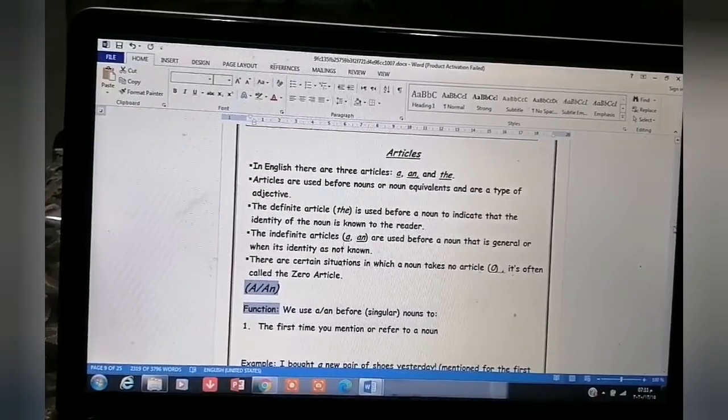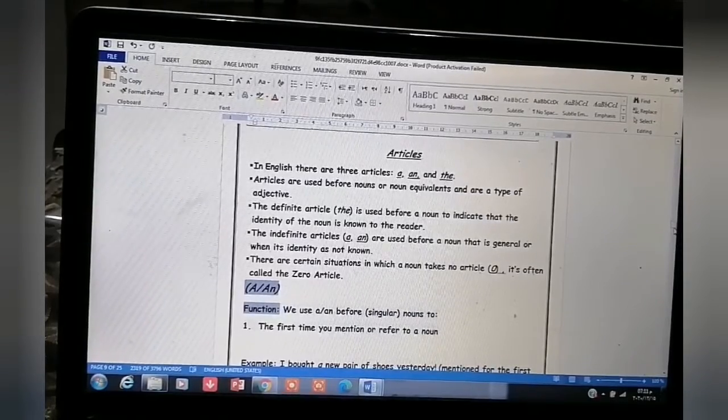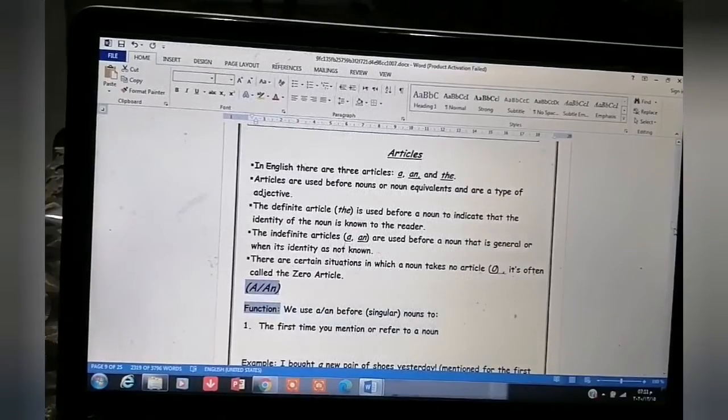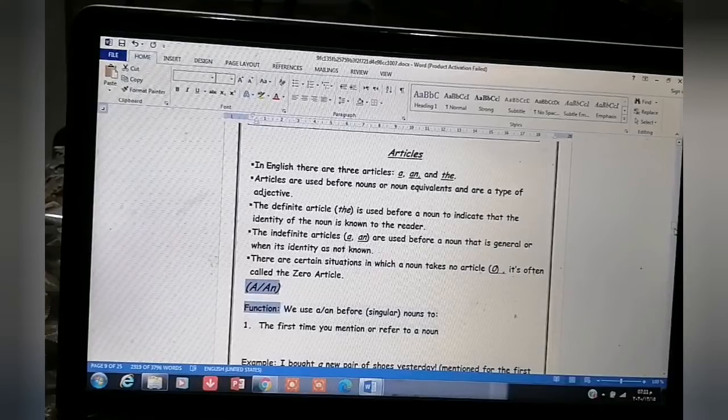Look here, in English there are three articles: a, an, and the. Articles are used before nouns or noun equivalents and are a type of adjective. The definite article the is used before a noun to indicate that the identity of the noun is known to the reader, okay?